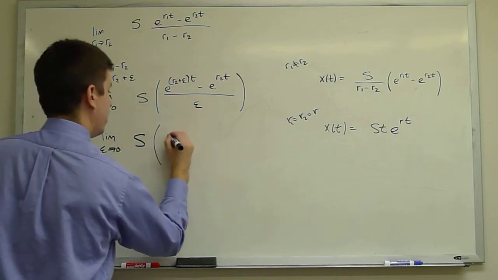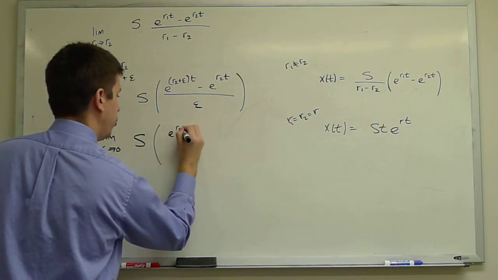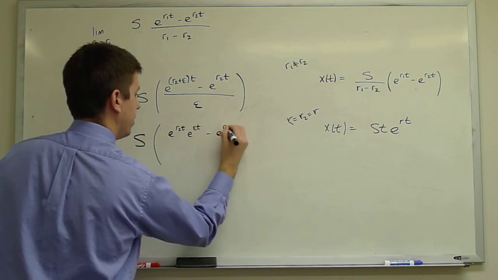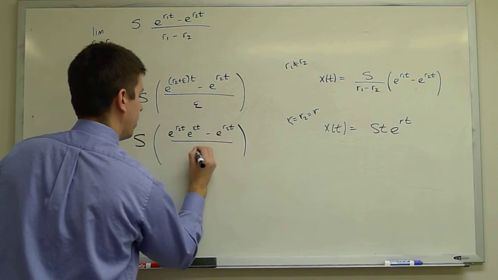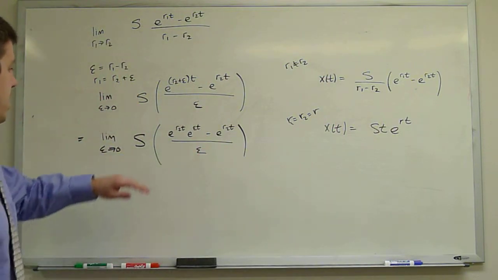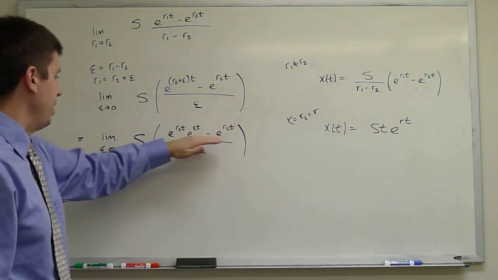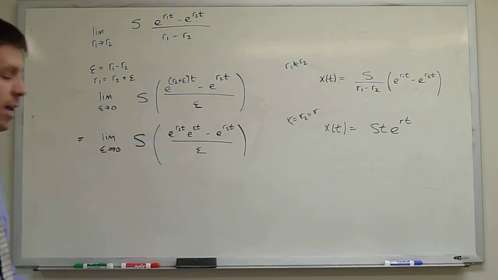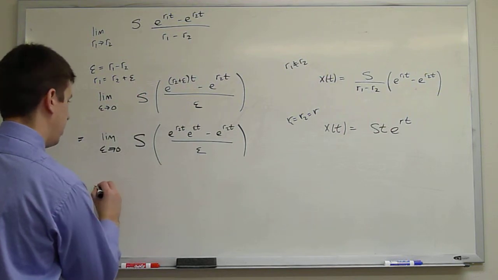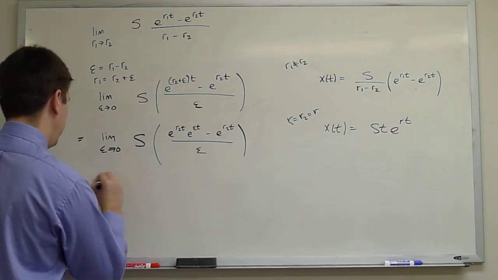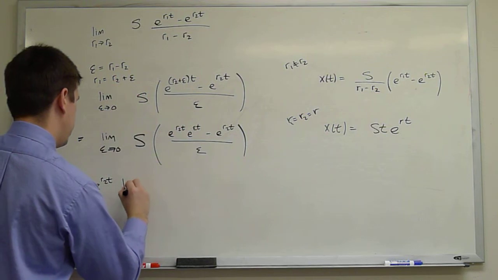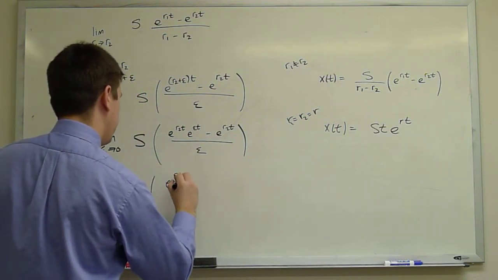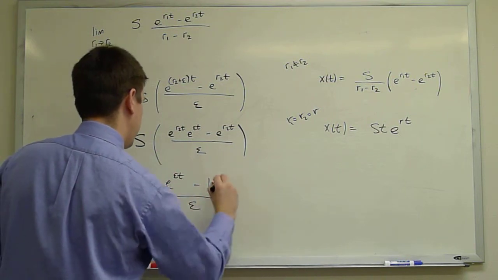This is e to the R2 t times e to the epsilon t minus e to the R2 t over epsilon. And this e to the R2 t now doesn't depend on epsilon. It's a common factor, and it can be pulled all the way outside of the limit. e to the R2 t times s times the limit as epsilon goes to 0 of e to the epsilon t minus 1 over epsilon.